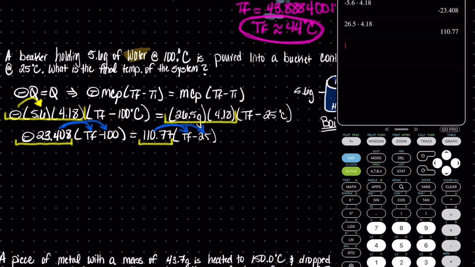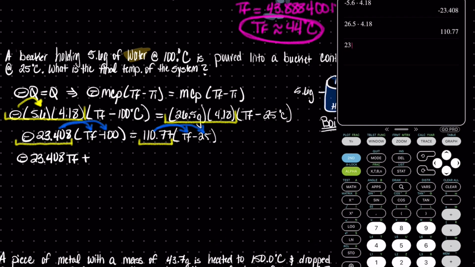And distribute it. The negative times that negative right here is a positive. So we have to make sure we keep an eye out for those changes as we're moving and distributing and doing some algebra.